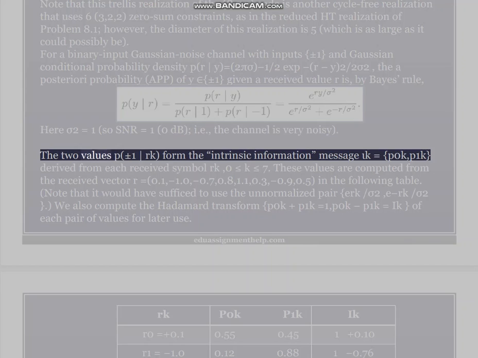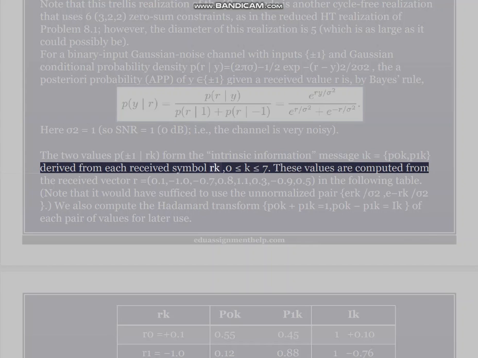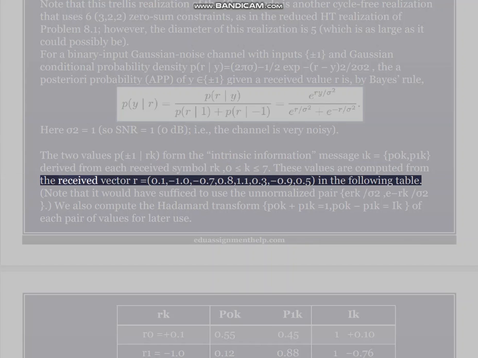The two values p(±1|rk) form the intrinsic information message ιk = (p0k, p1k) derived from each received symbol rk, 0 ≤ k ≤ 7. These values are computed from the received vector r = (0.1, -1.0, -0.7, 0.8, 1.1, 0.3, -0.9, 0.5) in the following table.